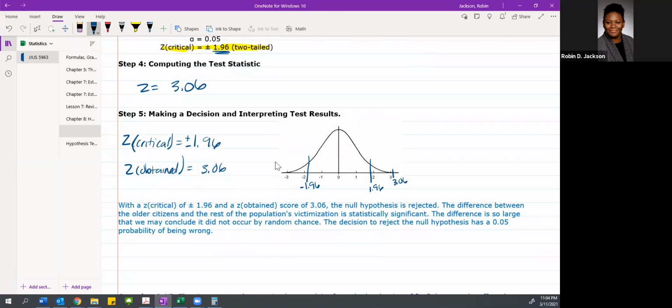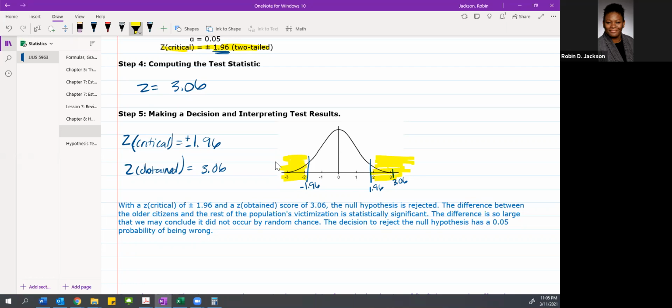It's 3.06. And the critical region, because everything is split up on two sides, this is a two-tailed test. You're looking for anything that falls over here and anything that falls on this side. So if the number had been negative 3.06, you still would reject the null.